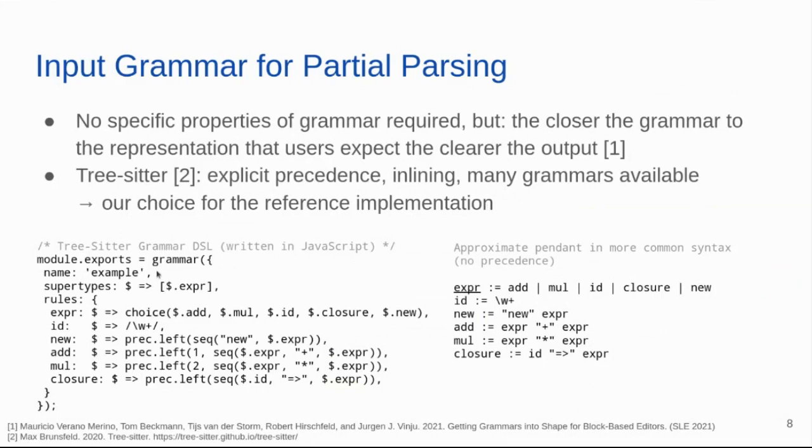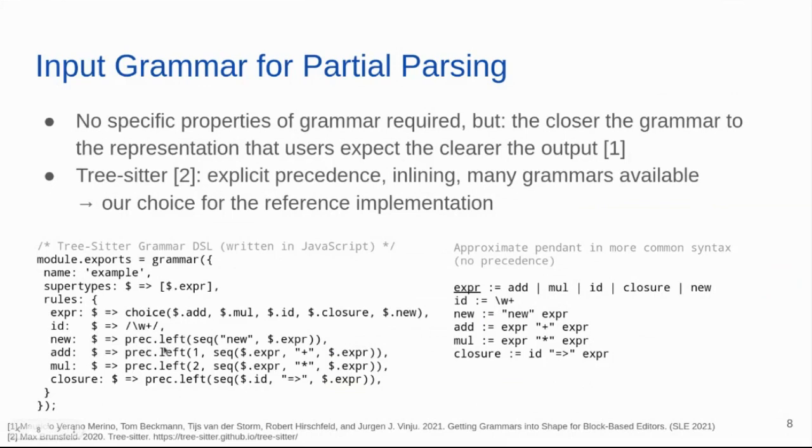Down here on the bottom left, I've brought a little example of the tree-sitter domain-specific language, which is embedded in JavaScript. You can see here in particular we have these supertypes, and we've marked expression as such a supertype, which essentially means that whenever we encounter an expression in our concrete syntax tree, we do not need to display it, but rather we directly move to one of its subtypes. So we only have this add node, not an expression with a child of an add node.